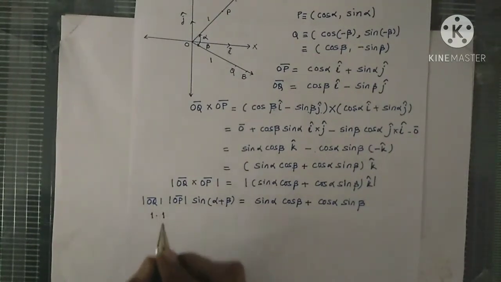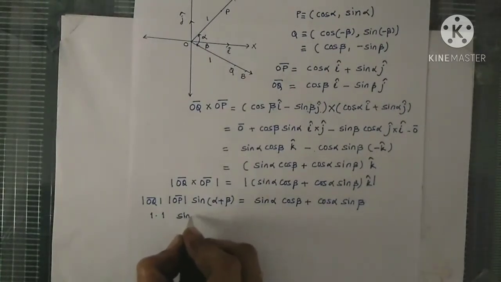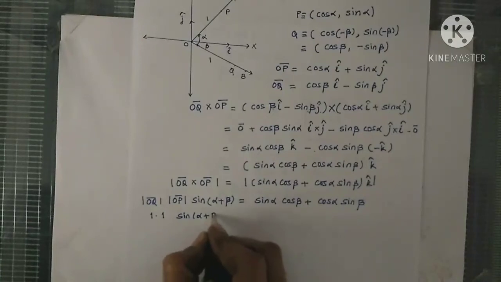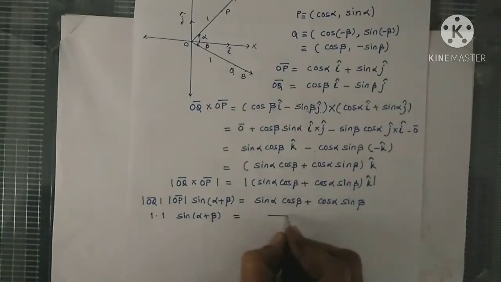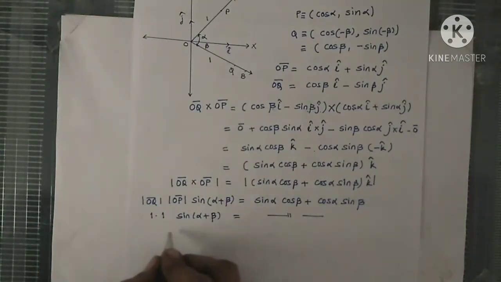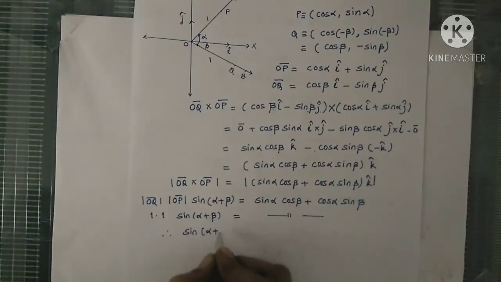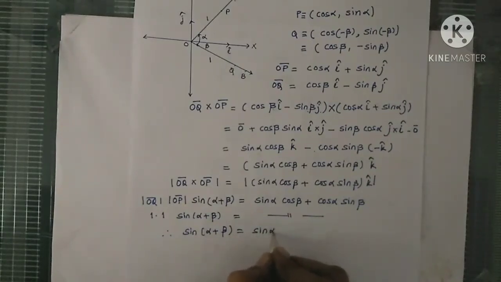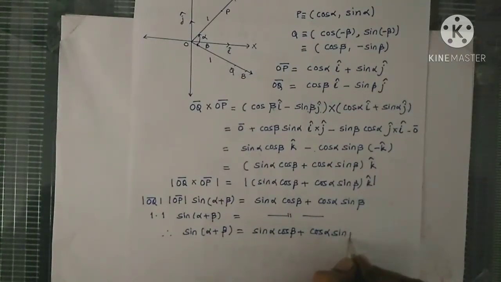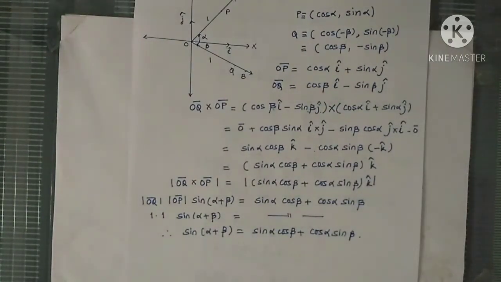Length OP is also 1, so modulus of OP bar is also 1, into sine of alpha plus beta equals the same terms. Therefore we have sine of alpha plus beta equal to sine alpha cos beta plus cos alpha sin beta. So this is the proof.